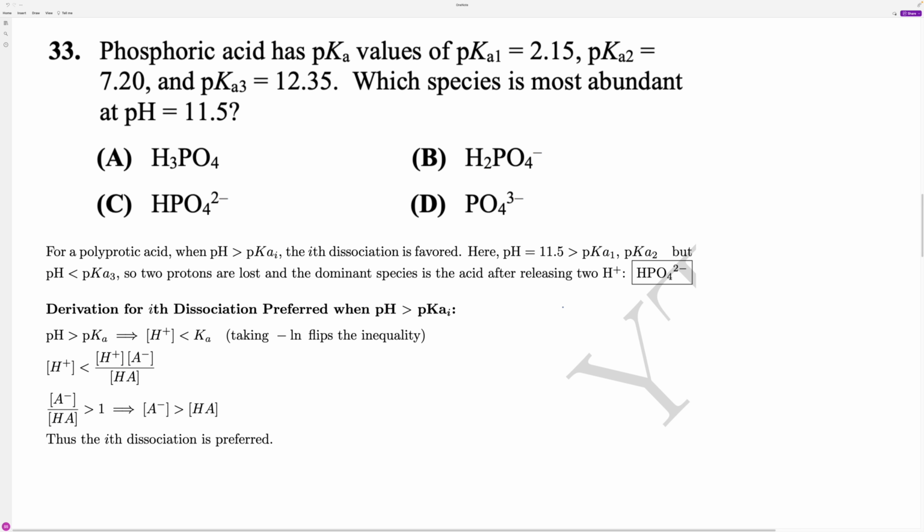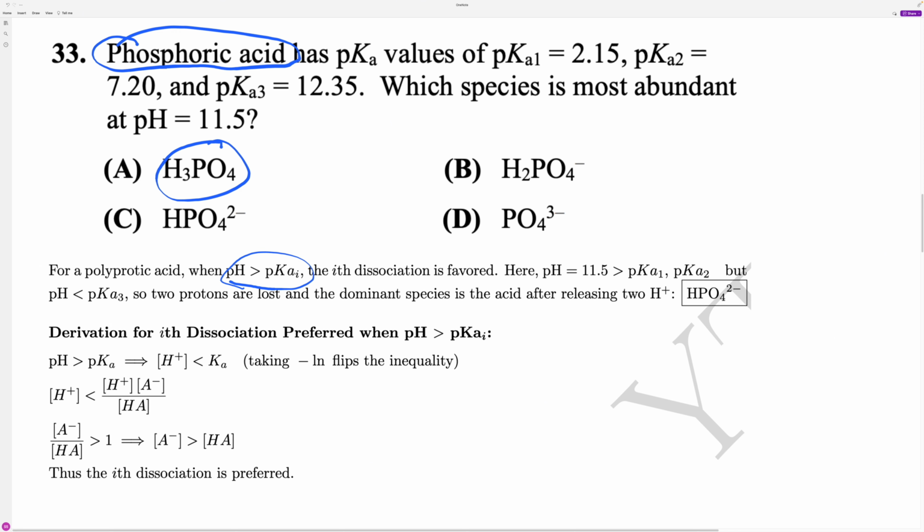Okay, moving on to question 33. This is asking which species is going to be most abundant at pH equals 11.5 for phosphoric acid. Just to clarify, that's H3PO4 here. That's not our answer, but that's just what phosphoric acid is. So if you're familiar with chemistry, you might know that when pH is greater than pKa, that dissociation is going to be favored.